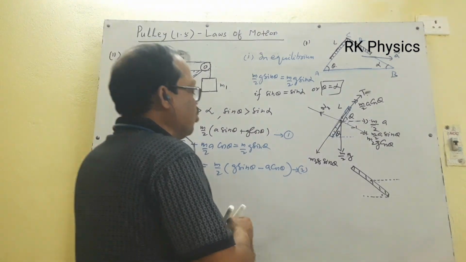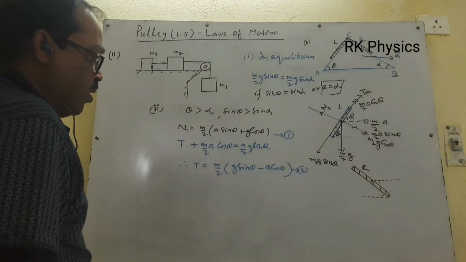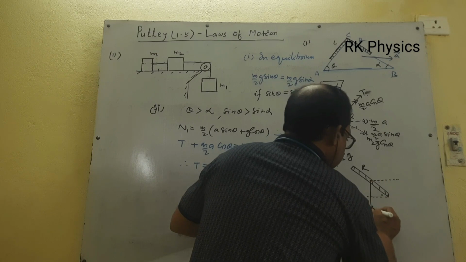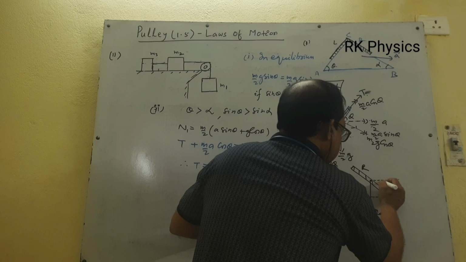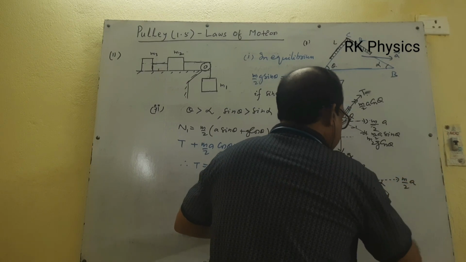Then come to the right section. In the right section, the weight of the body is again m by 2 into g. This angle is alpha, therefore geometrically this angle is alpha. This is m by 2 a.